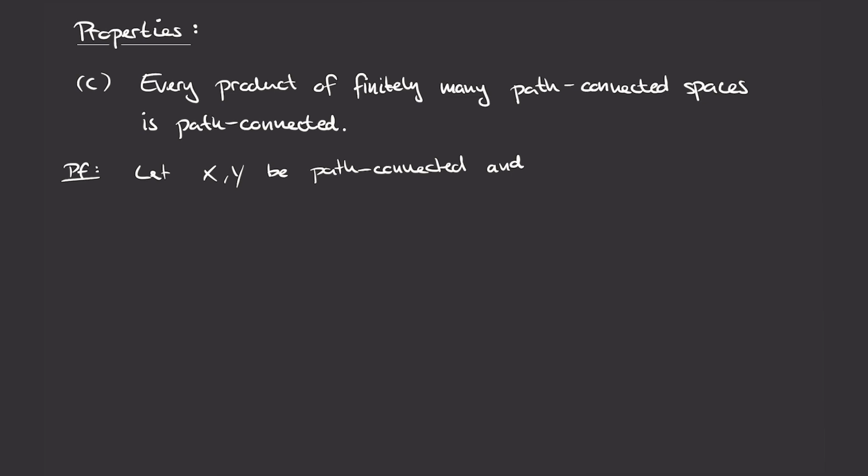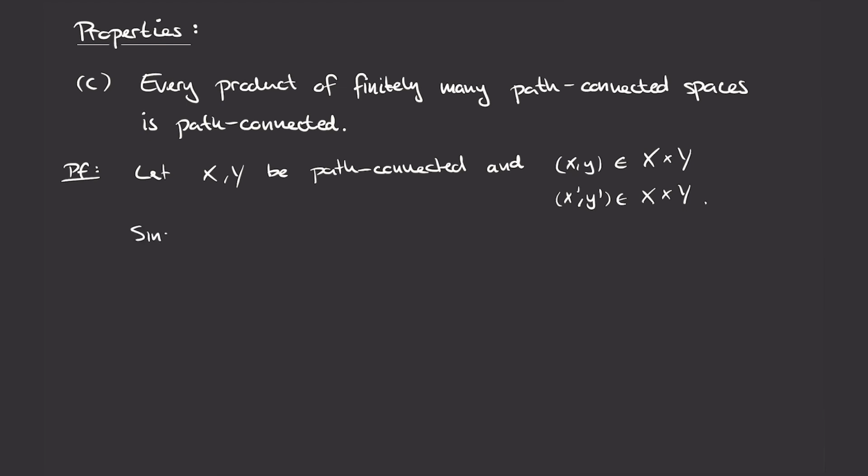So we take some x comma y in x times y. And we also take some x prime, y prime in x times y. So these are 2 points in the product that we choose arbitrarily. And now we want to show that there's a path between them. Again, there's not a whole lot we can do except use our hypotheses.